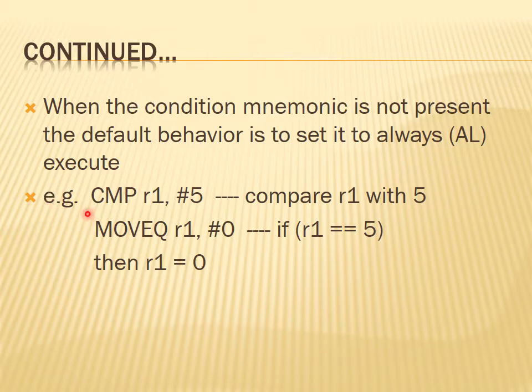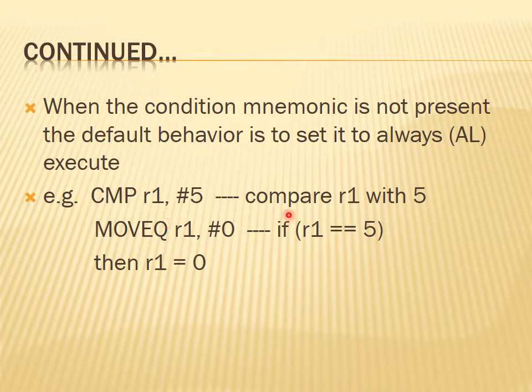Now we'll see that. One example is here. One assembly instruction has been shown here, which is CMP. CMP stands for compare. Compare the register R1 contents with the number 5. The next assembly instruction is MOVEQ R1, 0. Now how do these two instructions work?